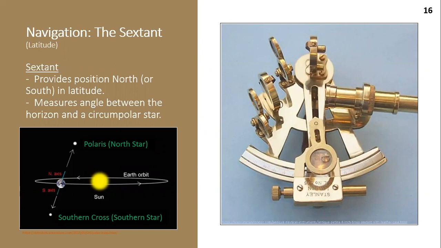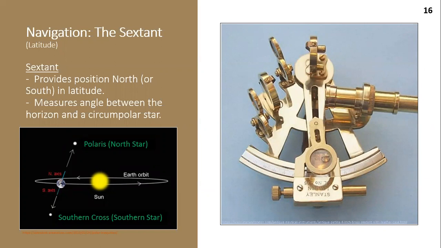The angle between the local horizon and Polaris, for example, will be equal to one's local latitude. It's important to note that the sextant only measures one's position in latitude within either the north or southern hemispheres. It does not measure longitude, and it cannot tell whether one's position is within the eastern or western hemispheres.